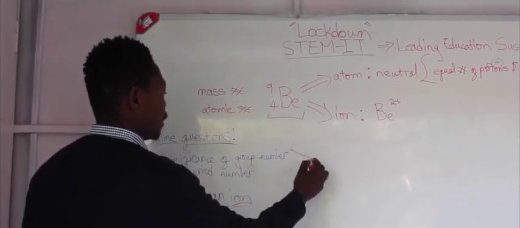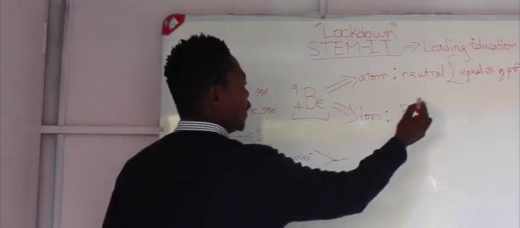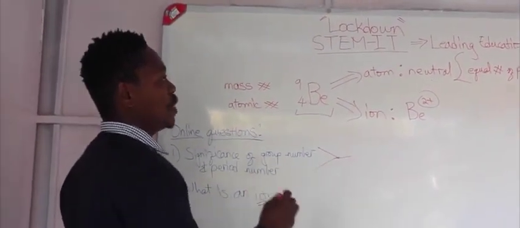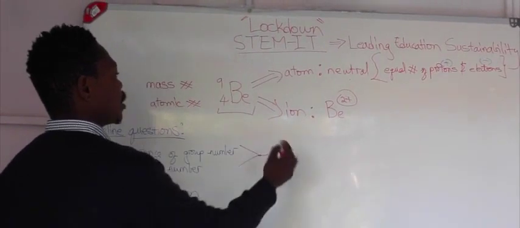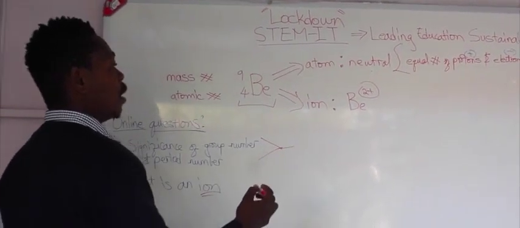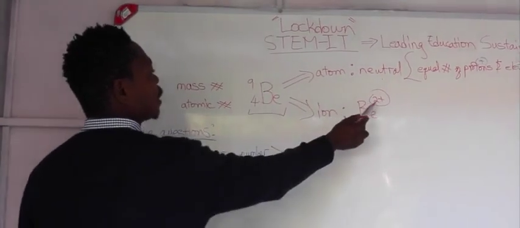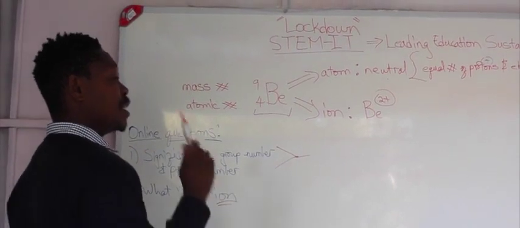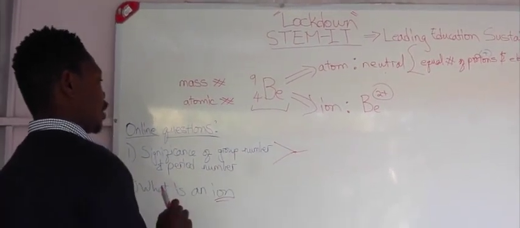Now, the significance of group number. Since it will be an ion of 2+, it means it has lost 2 electrons. This means it has lost 2 electrons in the outermost shell. Since its atomic number is 4, now that it has lost 2, it means it is remaining with 2, meaning it has only one electron shell.